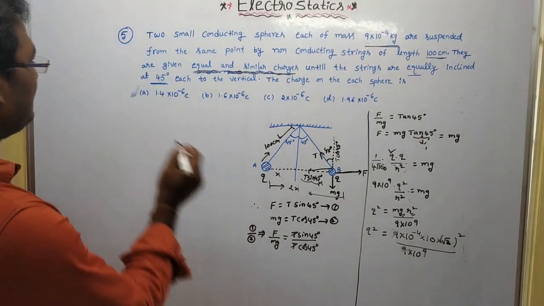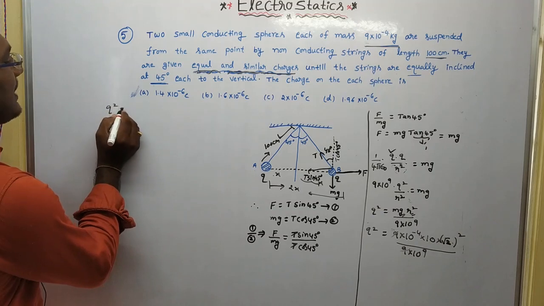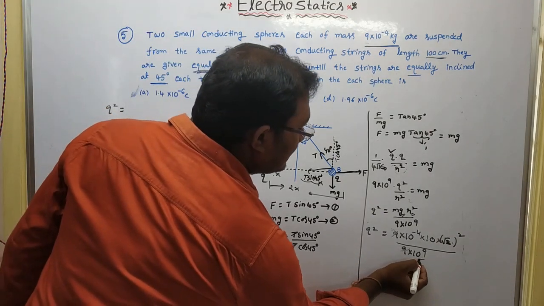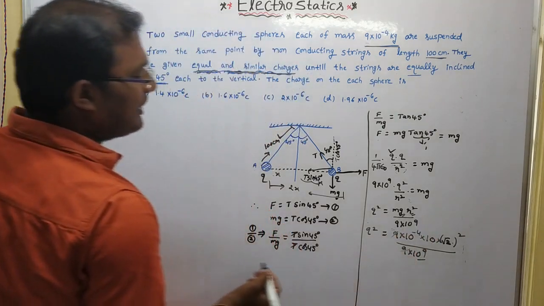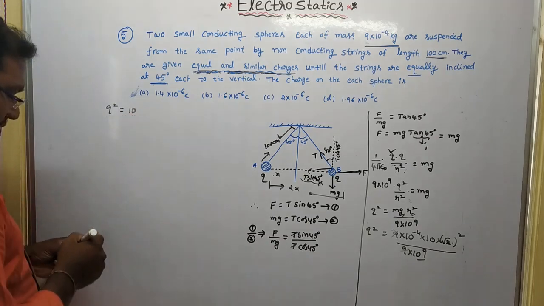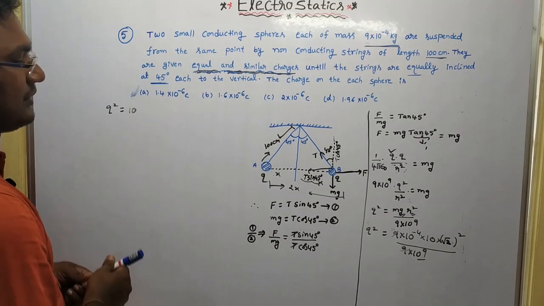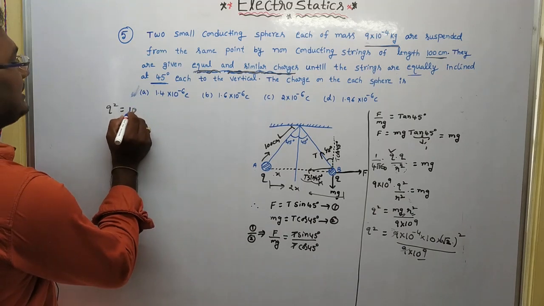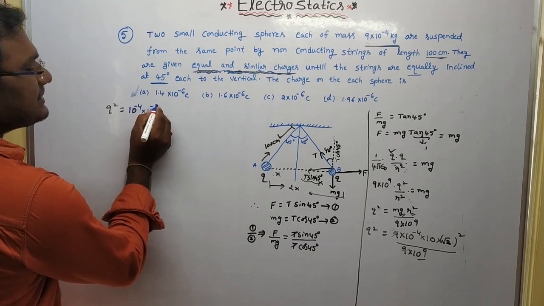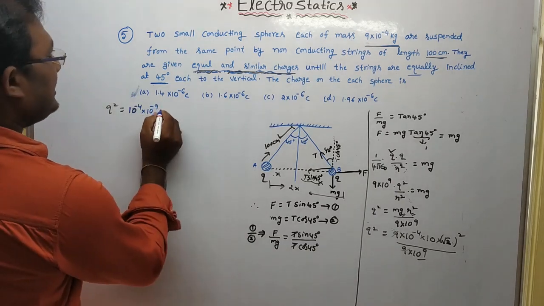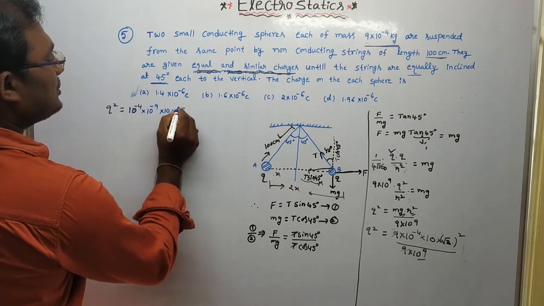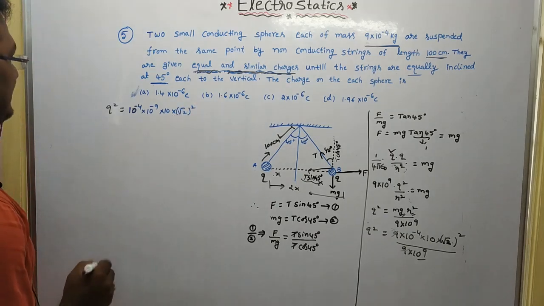Therefore, q square equal to 10 power minus 4 into 10 power minus 9 into 10 into root 2 whole square.